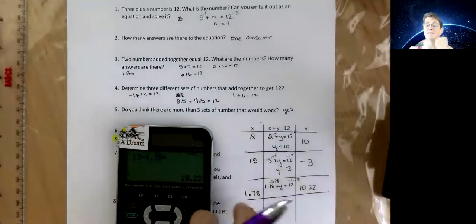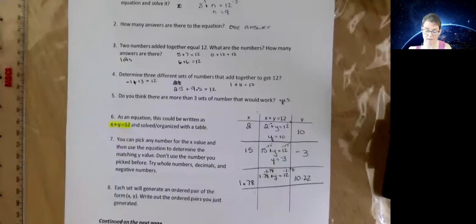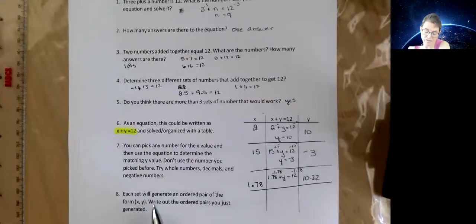If I wasn't trying to show off right now, I wouldn't bother with these ones. I would just use nice little whole numbers so that when I generate the other half, it's all good. Each set will generate an ordered pair of the form x and then y.